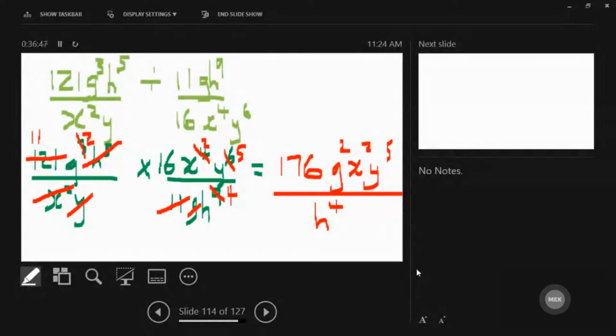Hopefully you get it now, and if not, just rewatch the video, practice, practice, practice. Just remember, it's the same principle that applies to multiplying regular fractions and dividing regular fractions. In the case of multiplying, you simply have to see what terms in the numerator cancel what terms in the denominator. And when you've done that, you multiply the numerators, multiply the denominators.